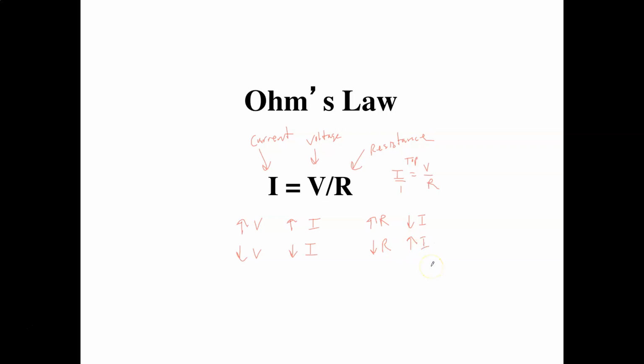And so it turns out that neurons are going to follow these electrical values as they obey Ohm's law. So I equals V over R is an important concept to learn.